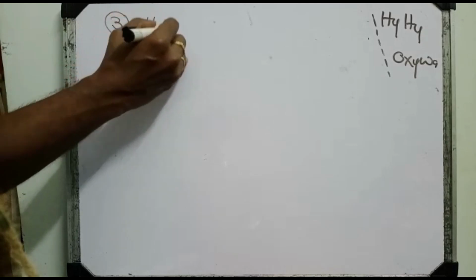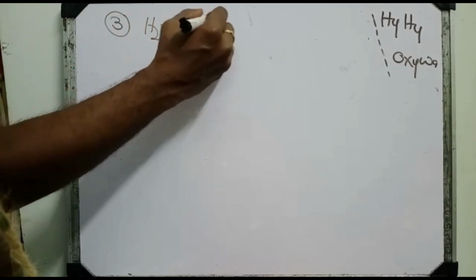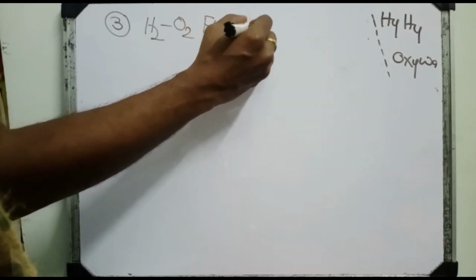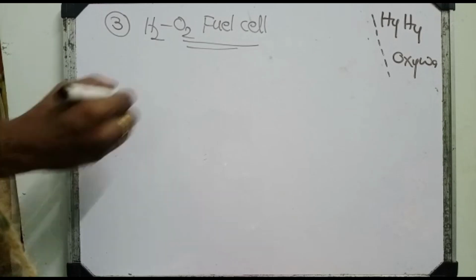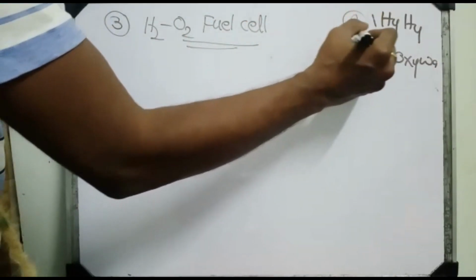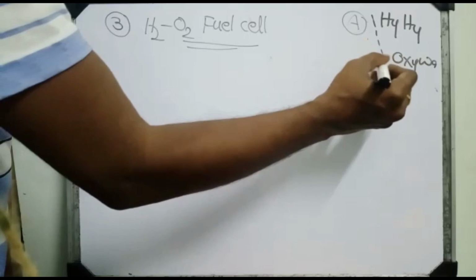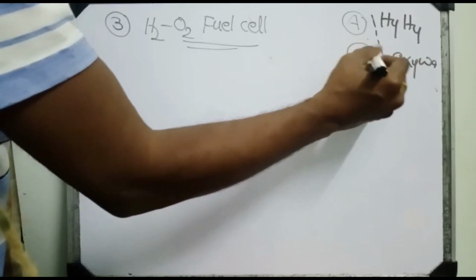Next, in secondary batteries, the last one: the hydrogen oxygen fuel cell. Here, who is the anode? Hydrogen is the anode, and the cathode is oxygen.